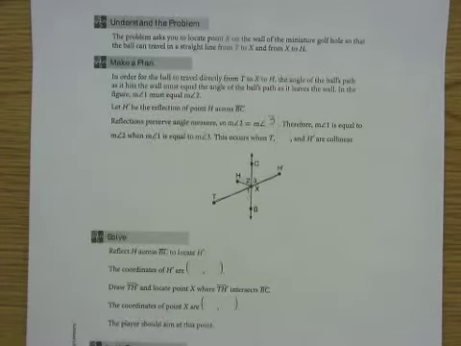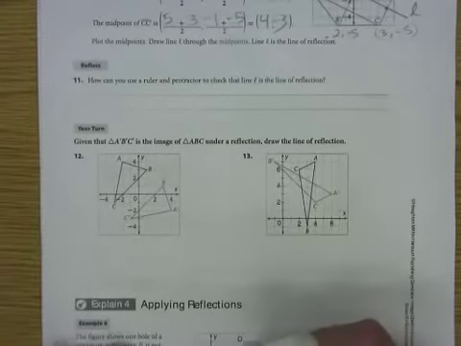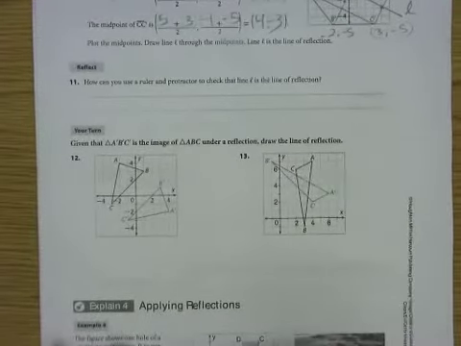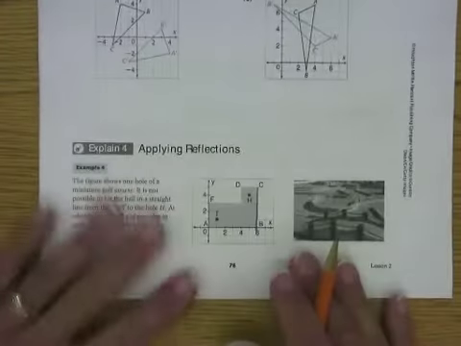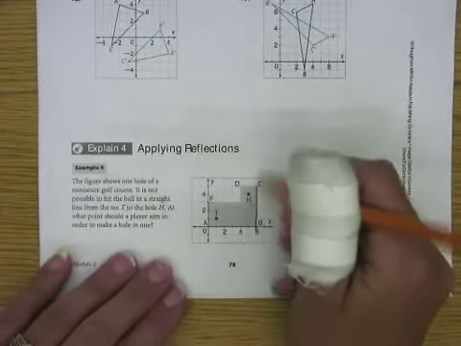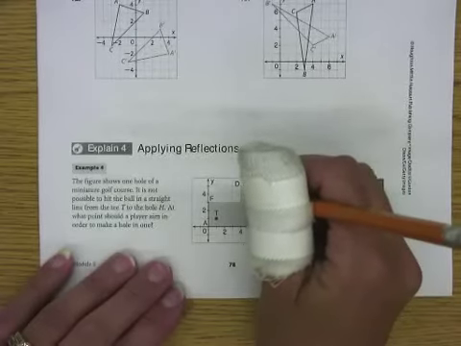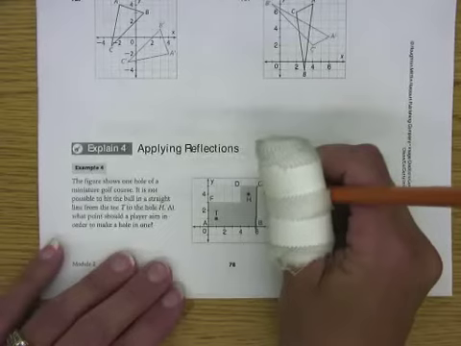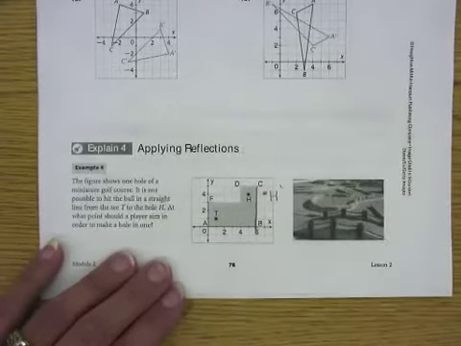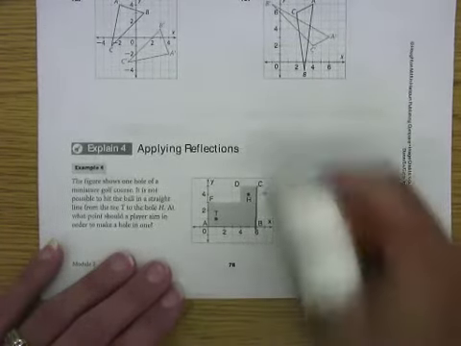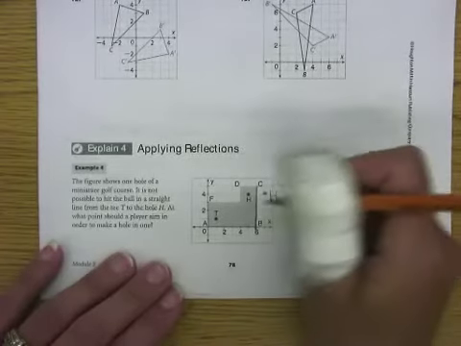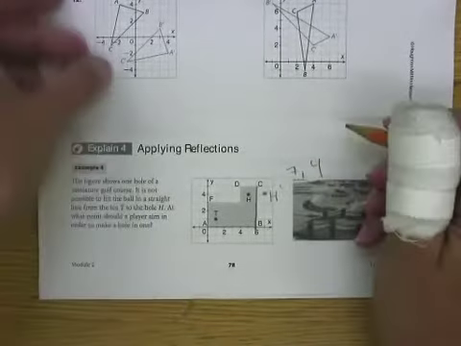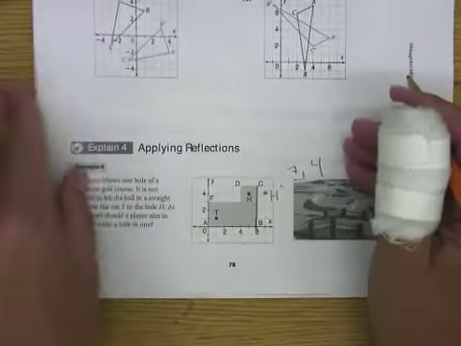So we start off reflecting H across BC in order to find the point H prime. So here's the line BC, and when I take the point H and reflect H over that line, here is the point H prime. It is located at 7, 4.